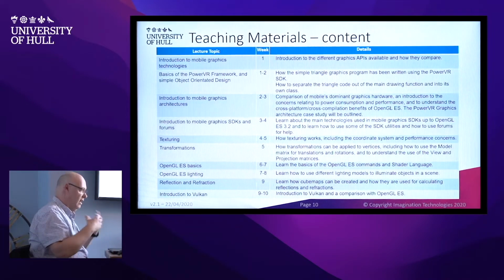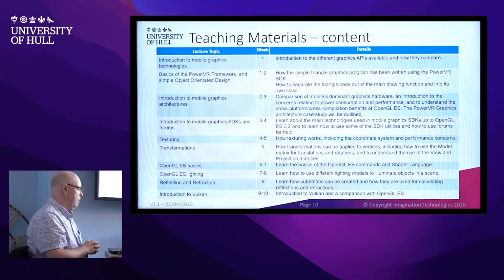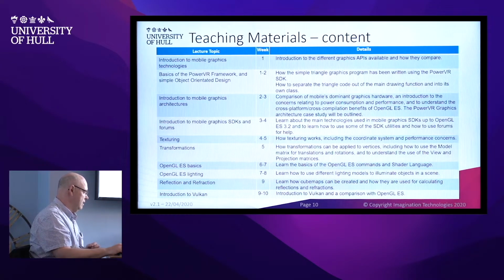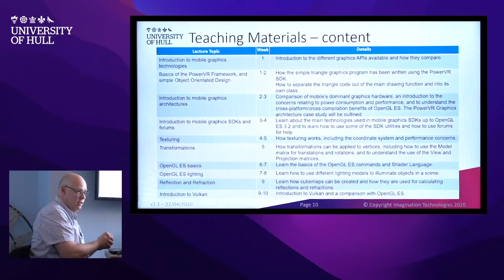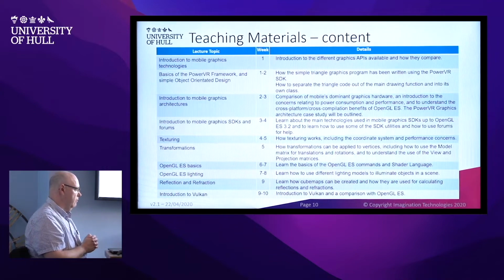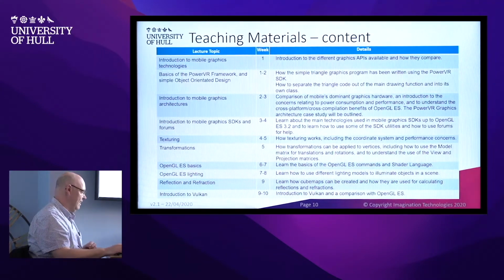So how do we apply images to our triangles? How do we manipulate our meshes in the environment? Looking at how you write shader code, and if you're unfamiliar with that term, I will be covering this in detail.